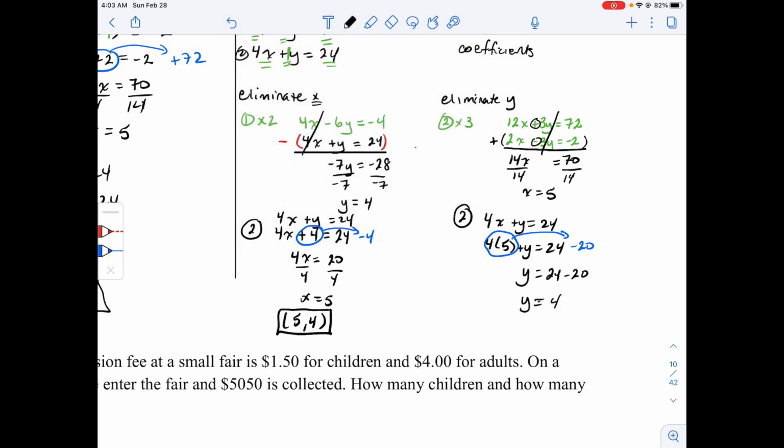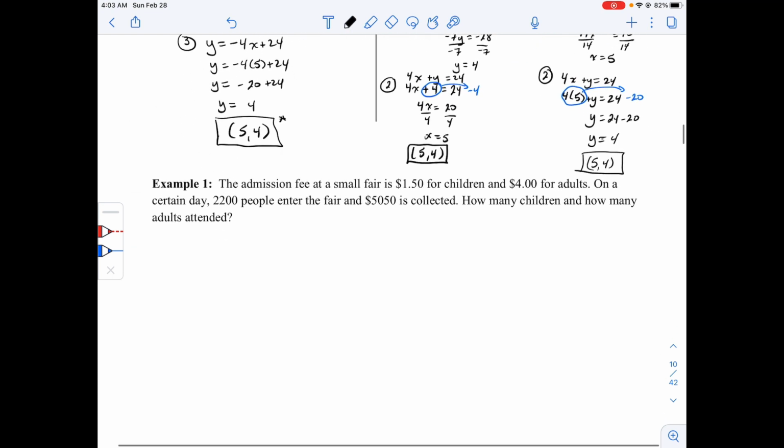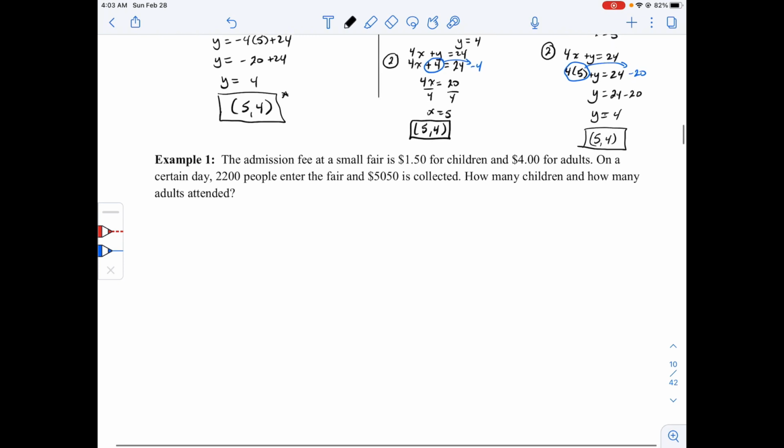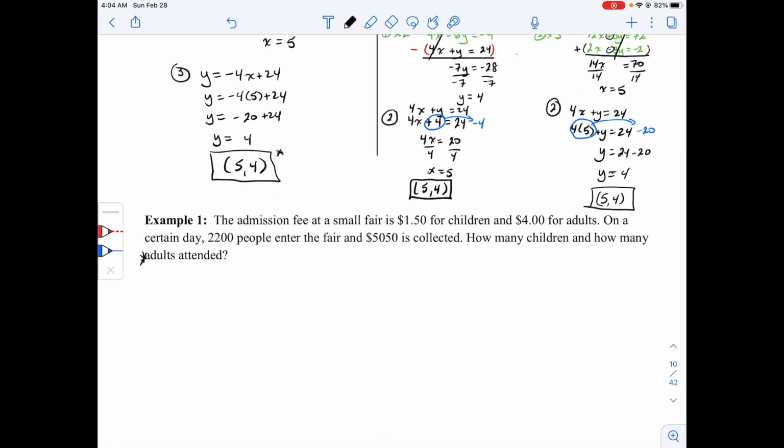So that's what we would have done in Math 10. The example down below is similar. We would just have to set up those equations first. But this is, again, a linear review for Math 10.